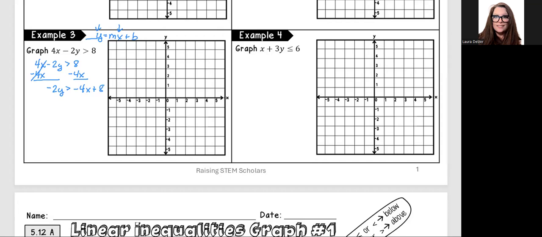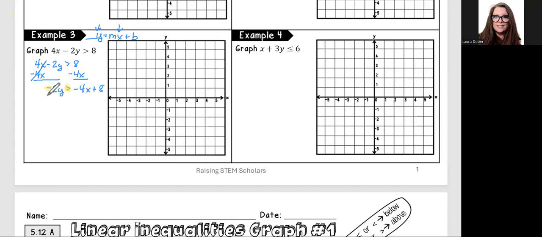I want to point something out to you. This is a big deal because when we divide by negatives with an inequality, this negative right here, when we divide or multiply by a negative, we're going to have to flip that sign.